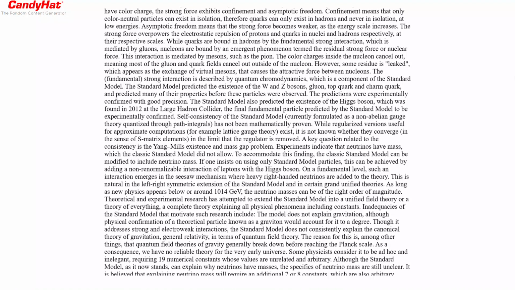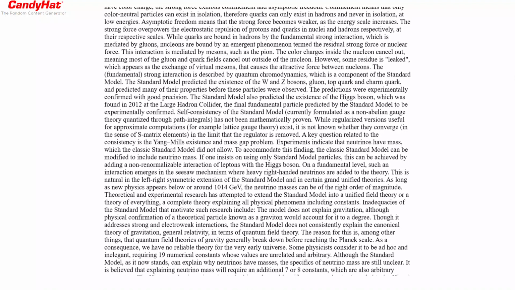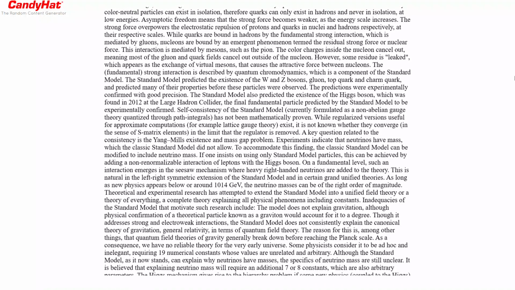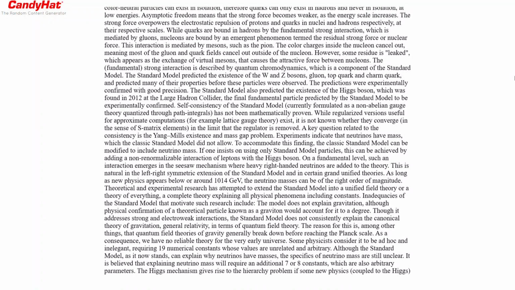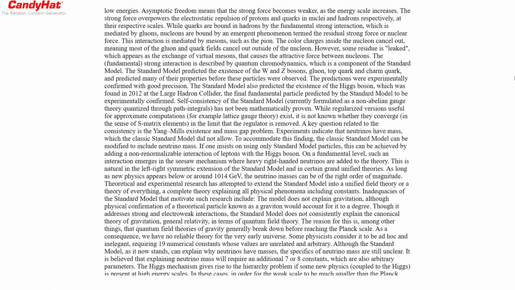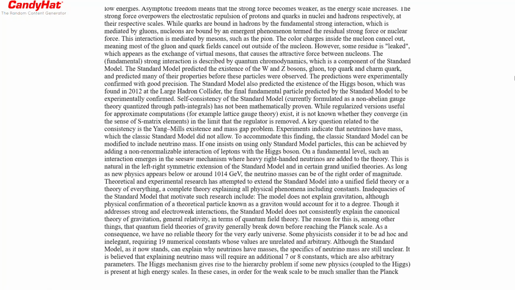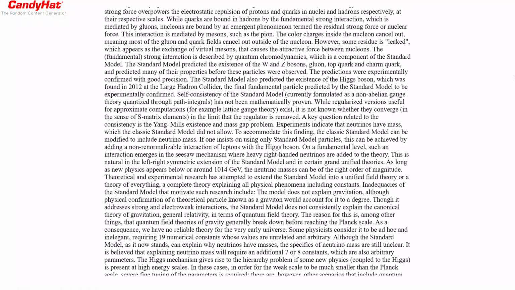On a fundamental level, such an interaction emerges in the seesaw mechanism where heavy right-handed neutrinos are added to the theory. This is natural in the left-right symmetric extension of the Standard Model and in certain grand unified theories. As long as new physics appears below or around 10^14 GeV, the neutrino masses can be of the right order of magnitude.